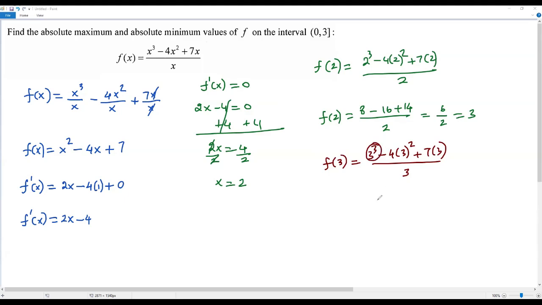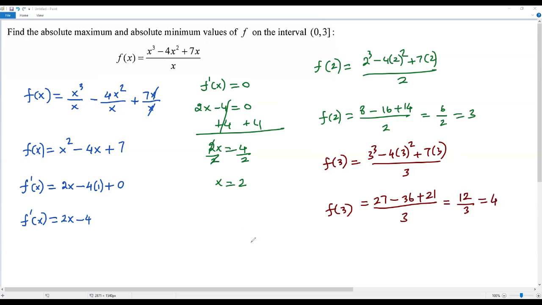So 3 cubed is equal to 27. Let me write f of 3 on the left side. Negative, 3 squared is 9, 4 times 9 is 36, and 7 times 3 is positive 21, over 3. When I combine negative 36 and positive 21, I'm getting negative 15. When I combine negative 15 and positive 27, I'm getting positive 12 over 3. When I divide 12 by 3, I'm getting 4.